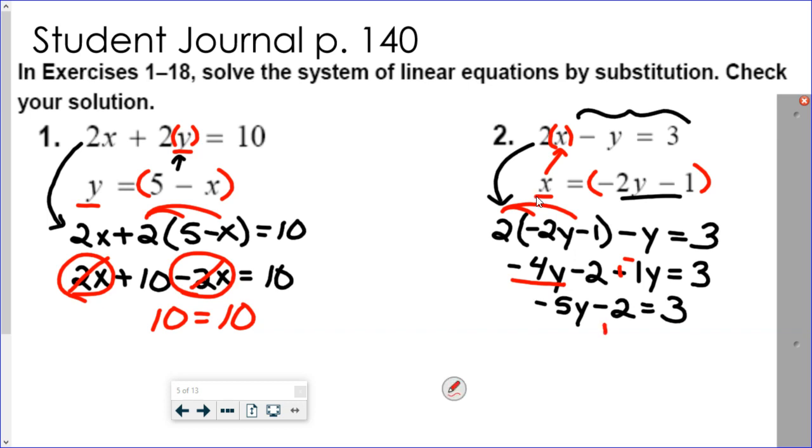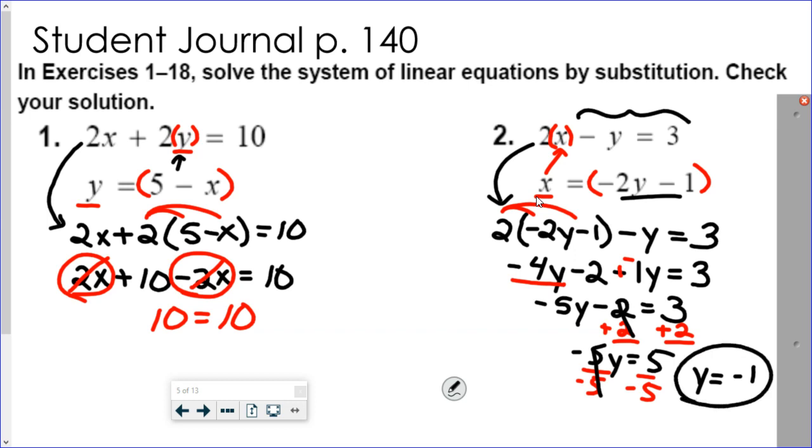Okay, I'm going to add 2 to both sides. -5y equals 5. And last, divide by -5. And do you see y equals -1? So that's part of my answer.